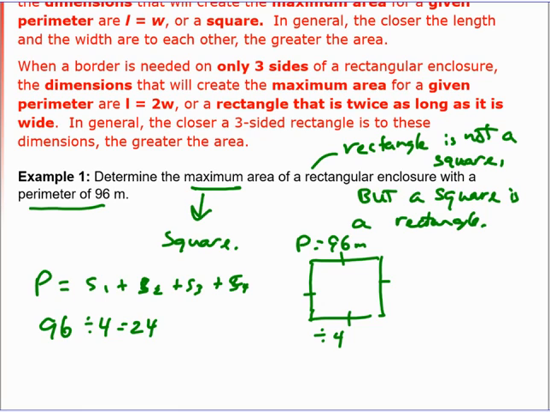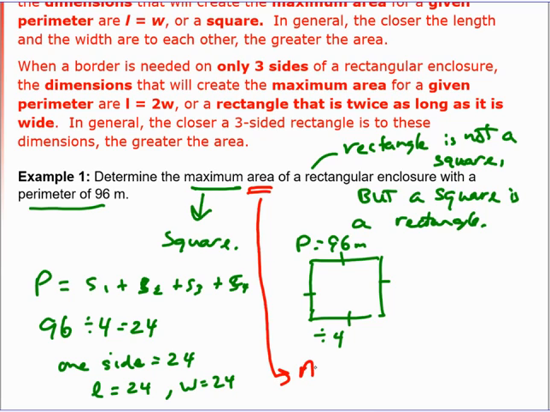Do that in your head or in your calculator. So if one side equals 24, then the length equals 24 and the width equals 24 because we said they'd all be the same. Now that we've done all this thinking, we can find our area.